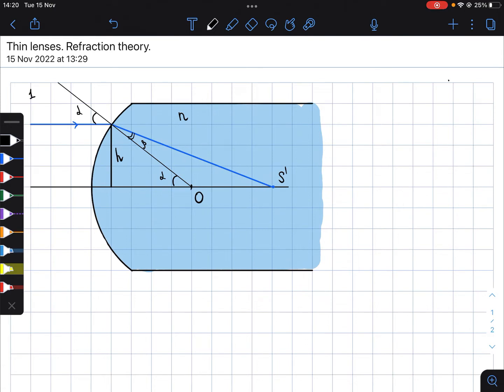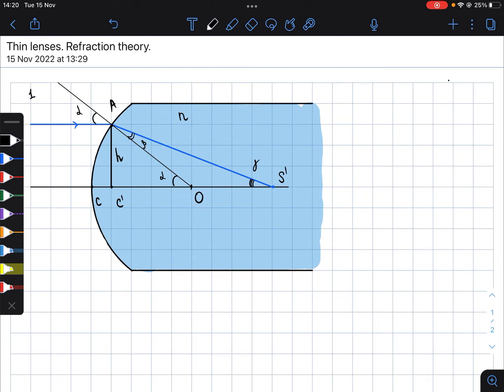Let's draw one more angle, gamma. We need some points here: this point is A, this point is C prime, this point is just C, and I think that's all we need.